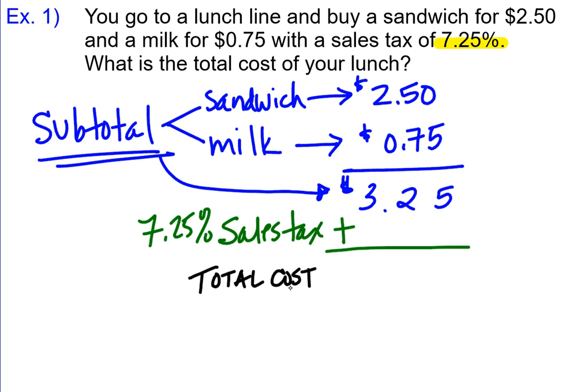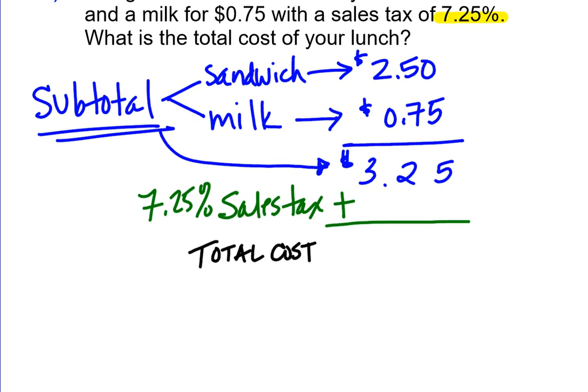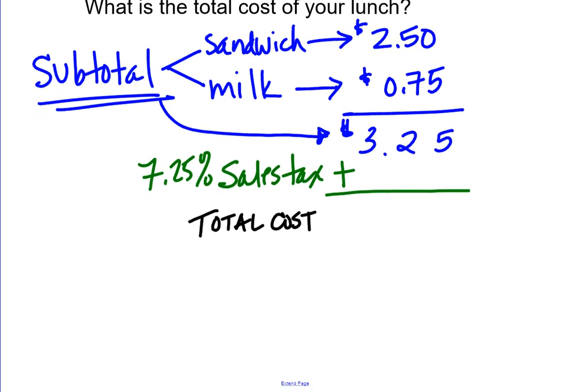So total cost includes everything. So let's see if we can start to find the percent for this particular problem. We want to find 7.25% of $3.25. We have to remember our setup of percent is of. So we're going to drop that 7.25% here, and I want to find it of $3.25.